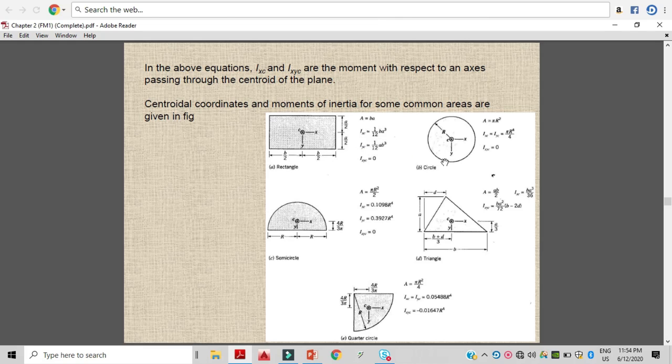If it is a circle, it is given here. If it is a semicircle, it is given here. If it is a rectangle, it is given here. If it is a quarter circle, all the values are given here. So whatever the shape of the surface, accordingly we can take the moment of inertia from this figure.